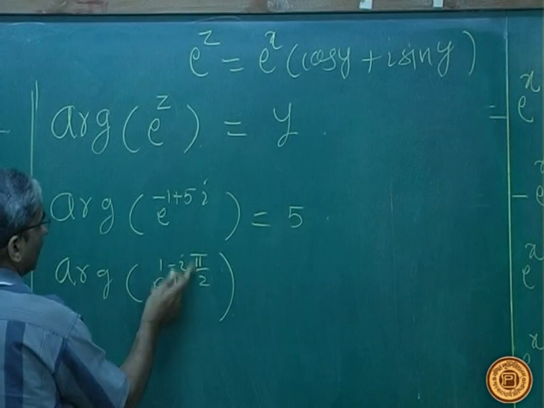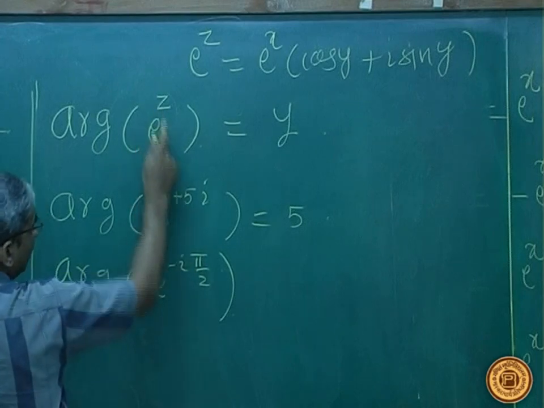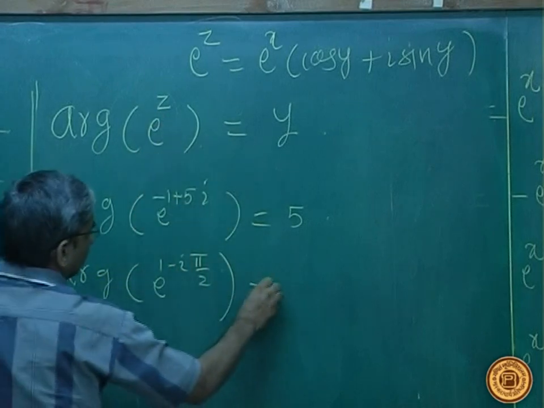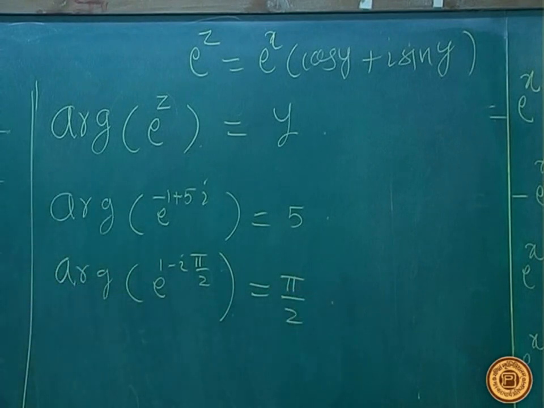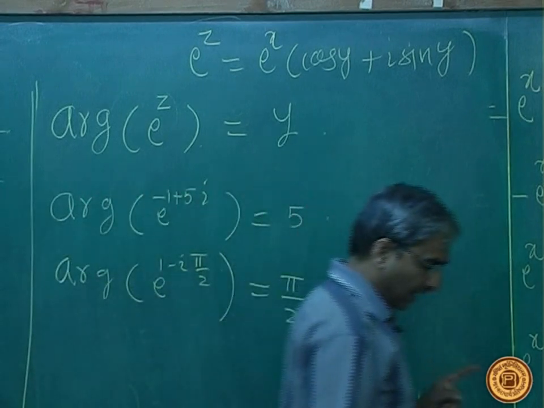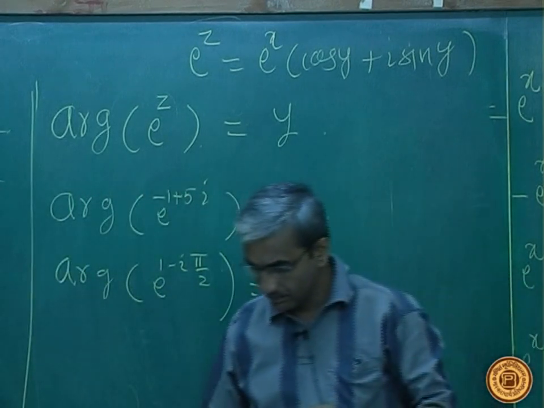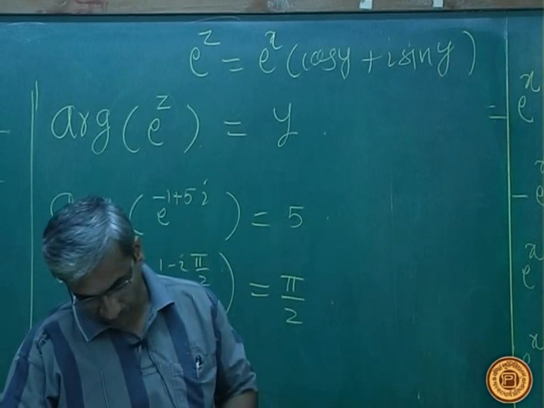Argument is minus pi by 2. Argument is y. If z is x plus iy, argument is y. So modulus of e to the power z is e to the power x, and argument of e to the power z is just y.